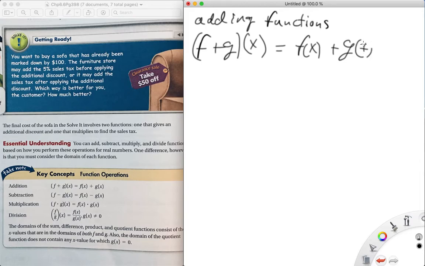You're just adding the two equations together. (f minus g) of x is f of x minus g of x.